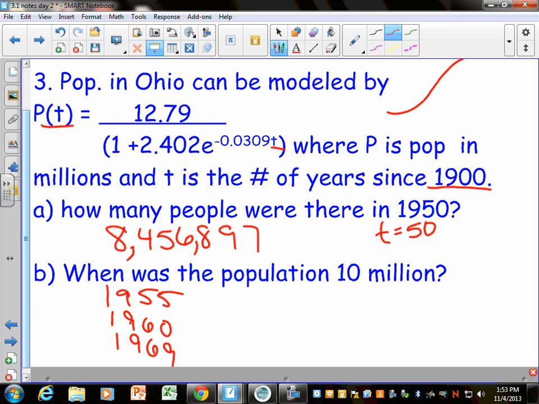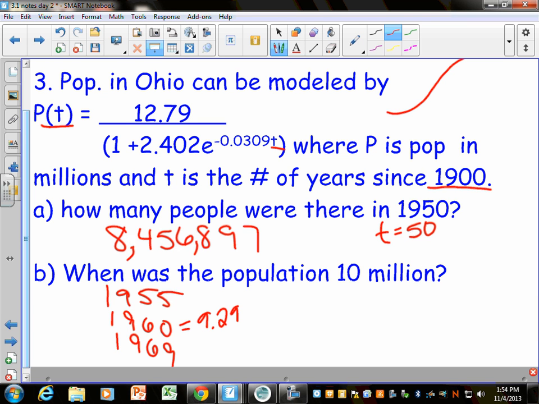Let's see here. I have mine. I didn't do 55. Did somebody do 55? I did 70. I came really close to it. I think 1969 was like 9.9. Oh, let's see. I think 1960 first. And I got that to be about 9.29 million.